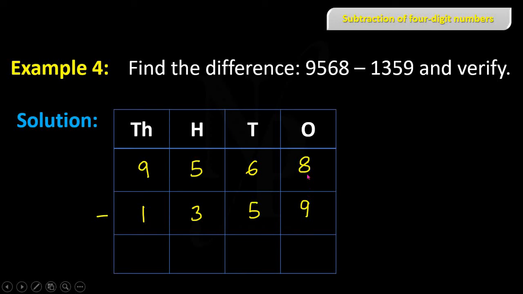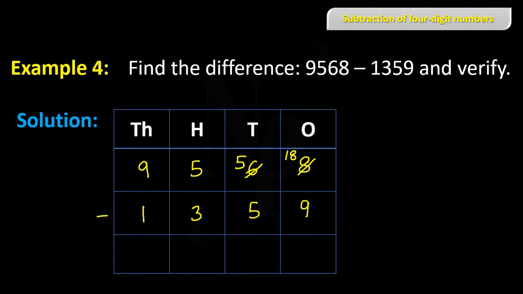Since 8 is less than 9, we will borrow from the neighboring higher column. So here this 6 tens now becomes 5 tens, and we will borrow 1 ten to the ones column. So in 1 ten there will be 10 ones. So 10 ones plus 8 ones becomes 18 ones.